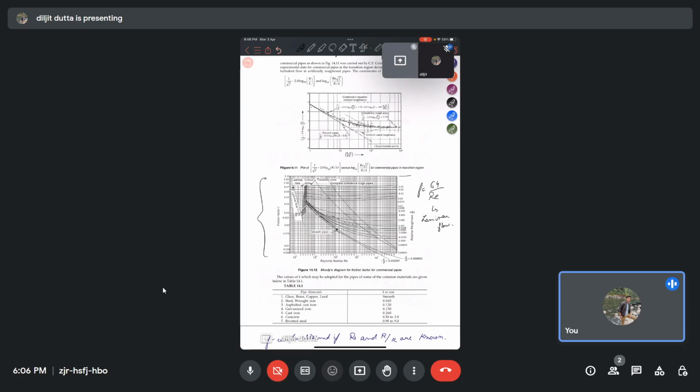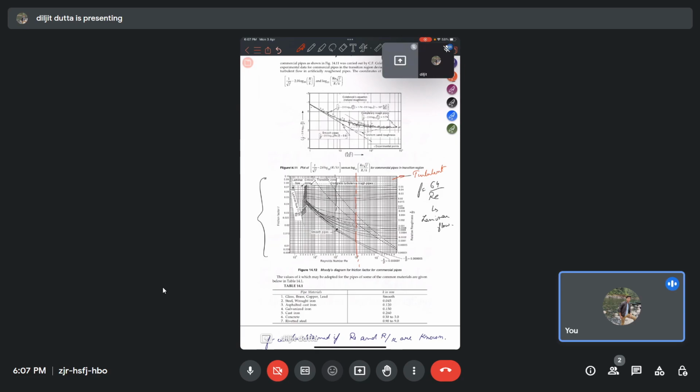Now in the case of the complete turbulent region, suppose we take this area as the complete turbulent region.